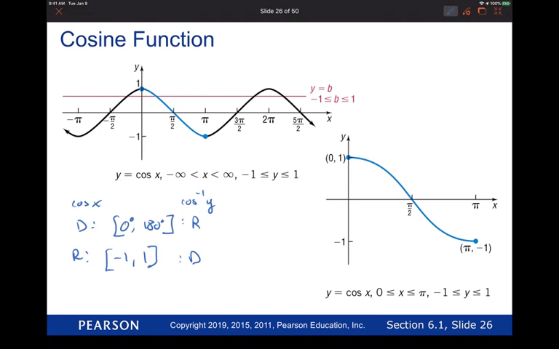Notice how with sine we have -90 less than or equal to x. Why are we doing that for cosine? Y equals cosine x. That looks like a typo. So what's happening there?